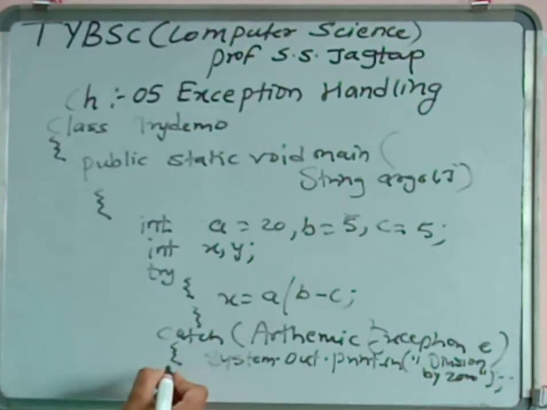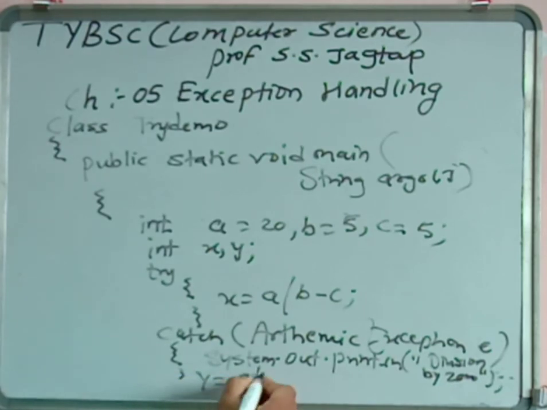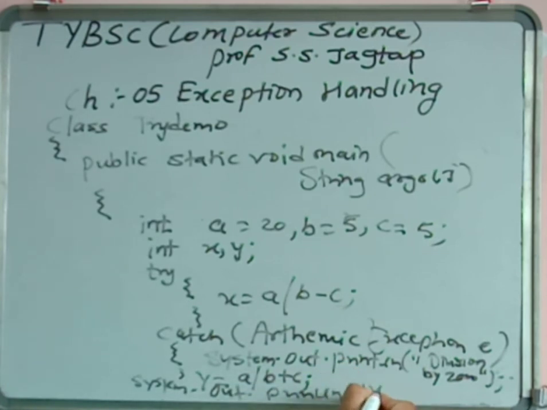Close the braces. Y is equal to A divided by B plus C. And there is one more statement, System.out.println, "Y is equal to" plus Y, semicolon, and close the main and close the class.